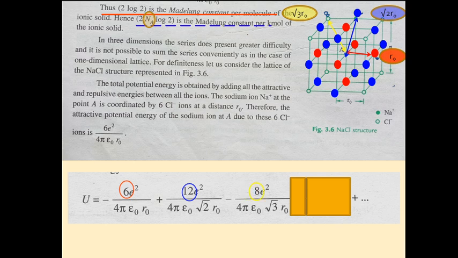So the equation sequence has 8 such positions at an identical distance, root 3 R0. Let us check it with the yellow dot. This is again the animated part. You will have a very clear understanding of where these 8 positions are lying.